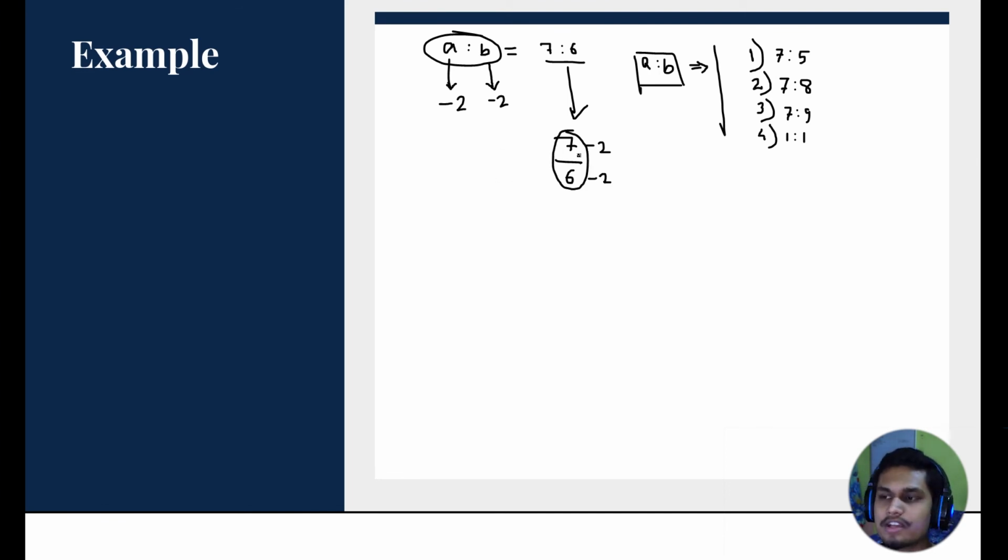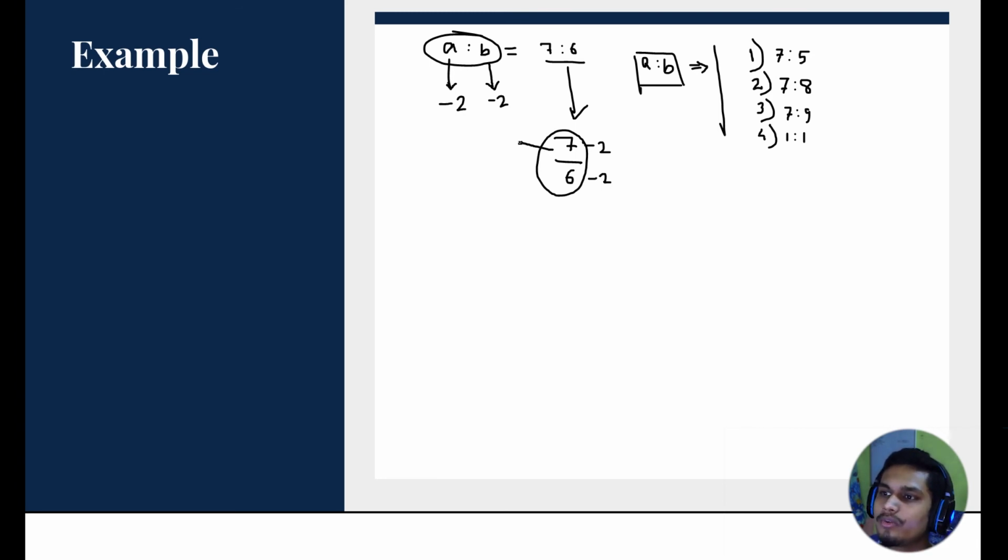And for an improper fraction, if we subtract any number from numerator and denominator, the resultant fraction becomes greater. Correct. Now how can we determine a fraction that has a greater value?